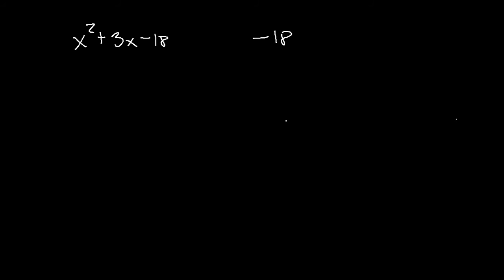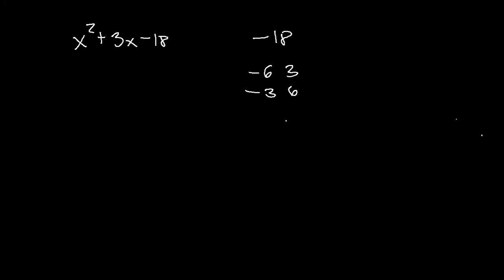So what are the numbers that multiply into 18? 6 and 3 multiply to 18. 3 and 6 also multiply to 18 and can potentially be positive 3. So all we need to do now is to figure out where we put the negative sign. You can put the negative sign at the 6 or at the 3.